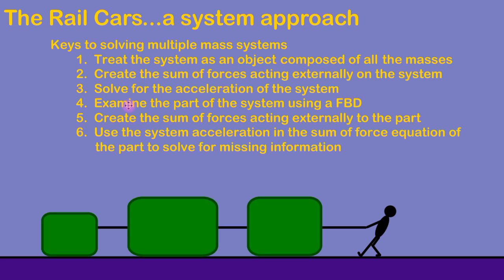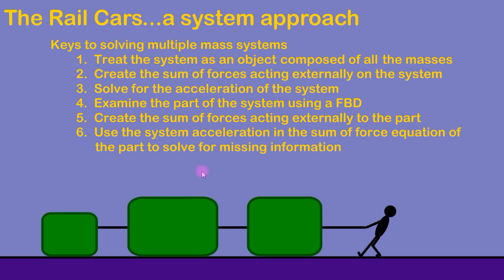Once you've done that, you can go back and draw a free body diagram for your part. Then you can create a sum of forces that are acting externally to that part. Remember, the rope is external to this part, but it's internal to the system. Then you can use the acceleration of the system that you found in step 3 with a sum of force equation to find missing information, such as the tension on the rope.